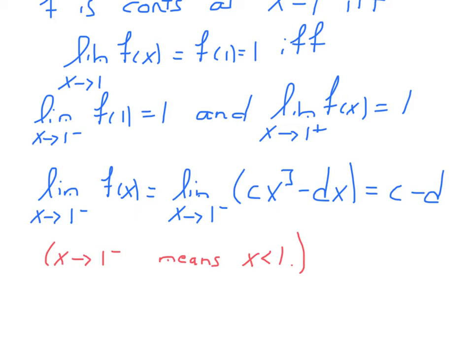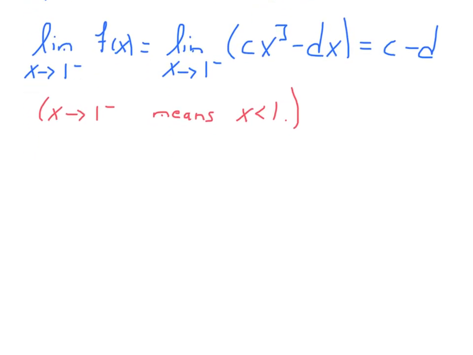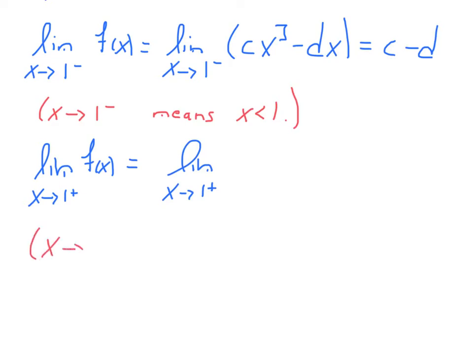All right, so let's take a peek at this right-hand limit. The right-hand limit of f of x as x tends to 1 is equal to, well, when I'm now taking this right-hand limit as x tends to 1, all x's that we're considering are going to be bigger than 1.